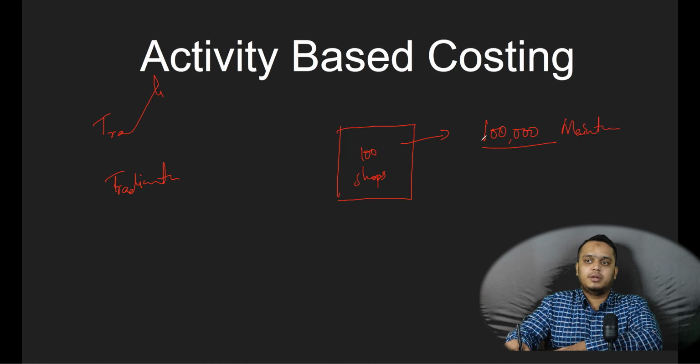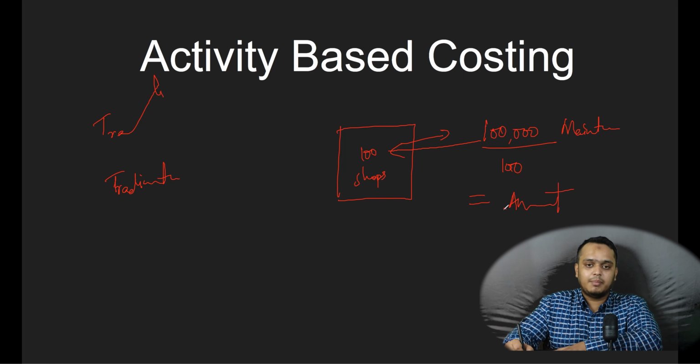How should I allocate this 100,000 maintenance cost to the 100 shops? The straight answer would be 100,000 divided by 100. If I calculate my maintenance cost per shop like this, that is called traditional costing, which is absorption or marginal costing.